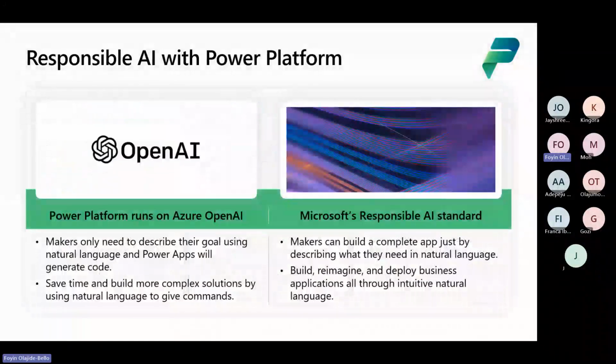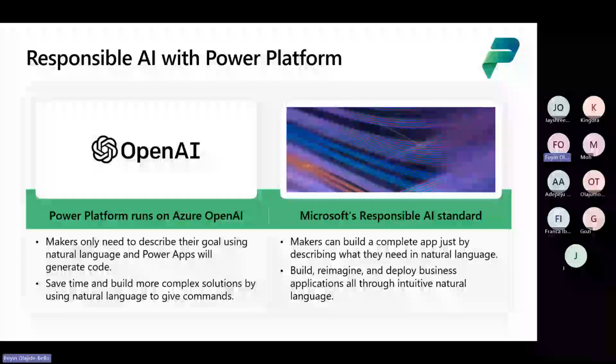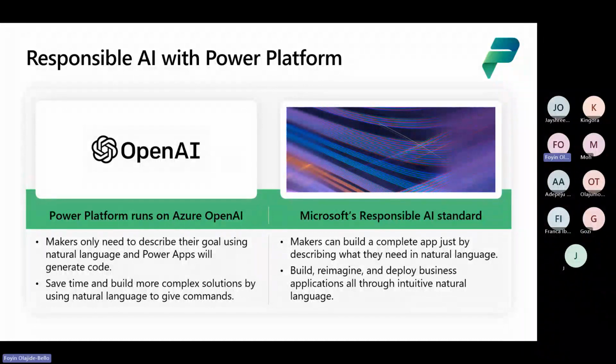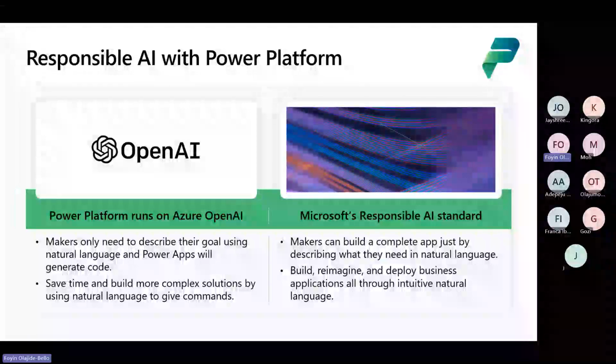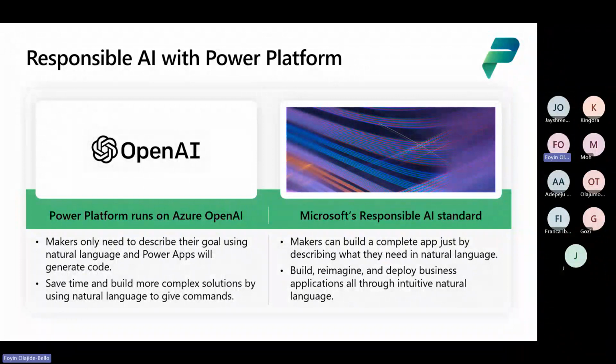I hope someone is as excited as me, because I'm always very excited when I'm talking about the Power Platform. Much more AI and the Power Platform now. So, how does this work? Microsoft is very big on responsible AI and the use of AI responsibly.